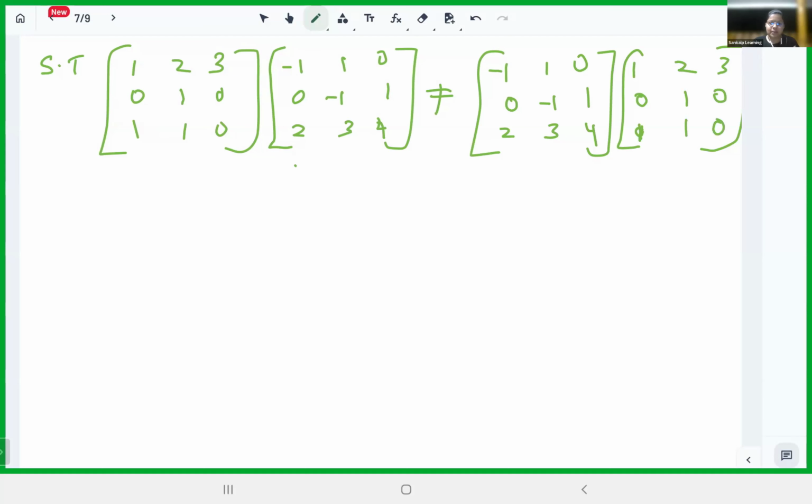So you have to show that the matrix multiplication given in the left side is not equal to the matrix multiplication of the right side.